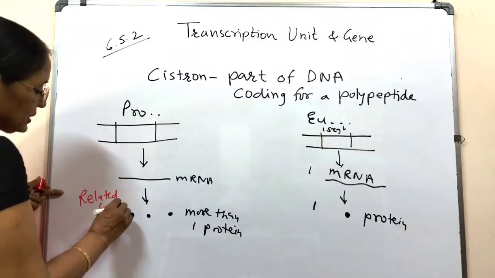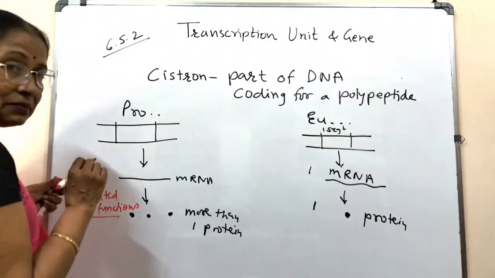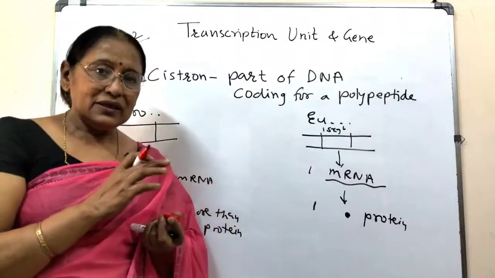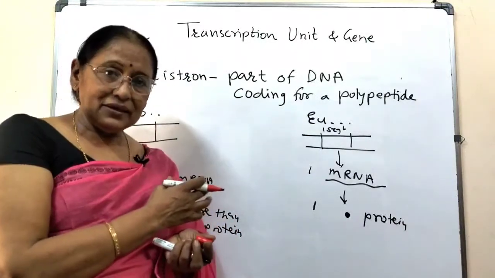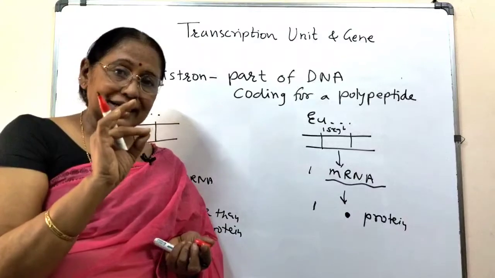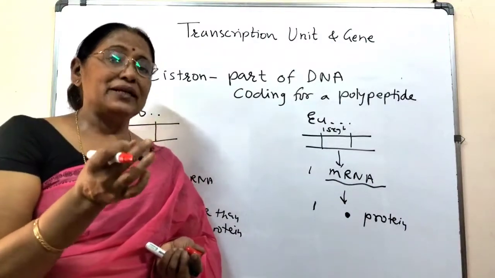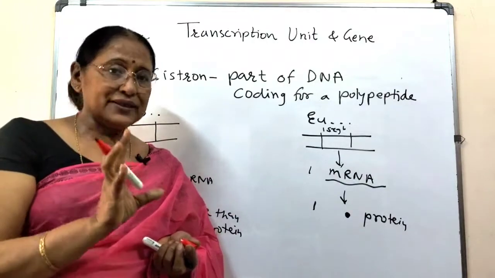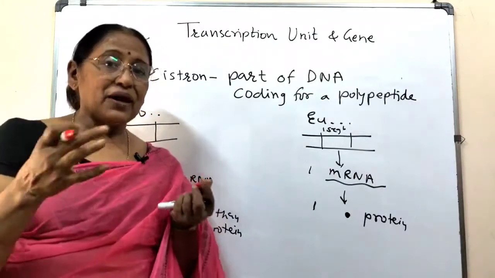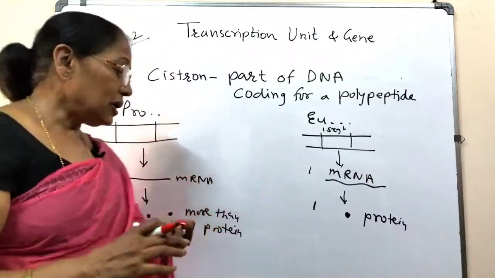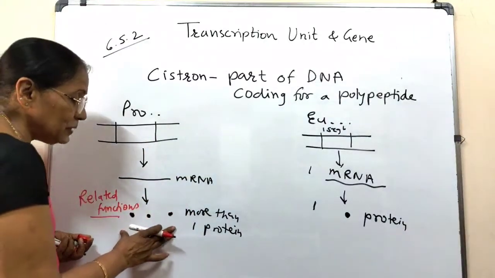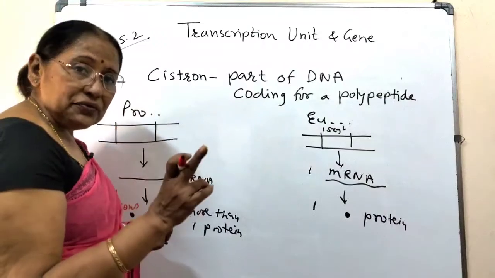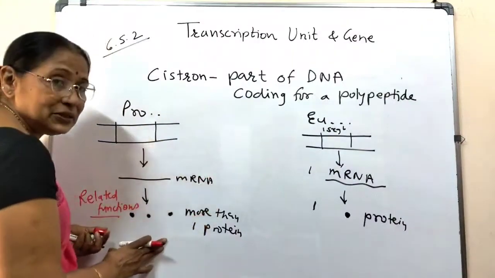Related functions means, like this video lecture. Suppose I am preparing the video lecture, someone is editing it and someone is posting it. But all of them are working towards the same goal. So their function is related. Remember this, the lac operon you will be studying is based on this only.